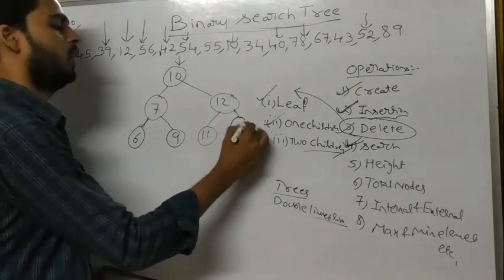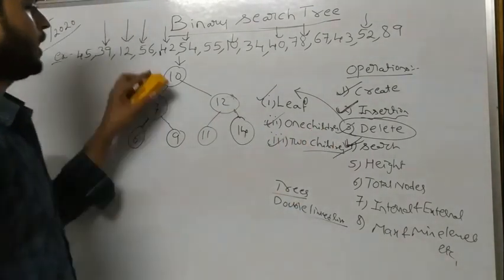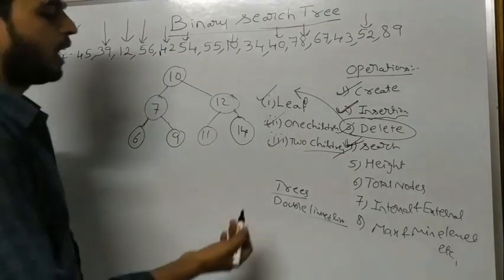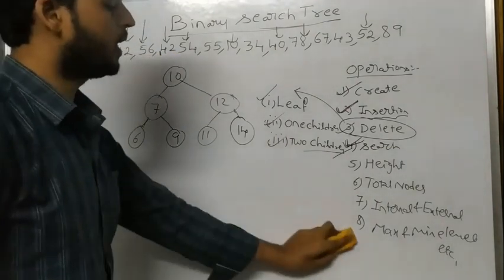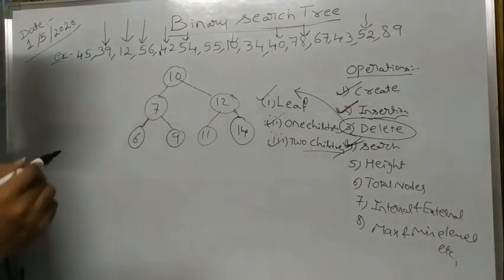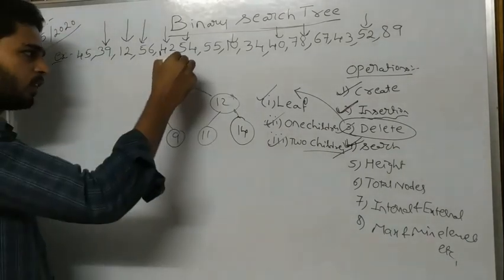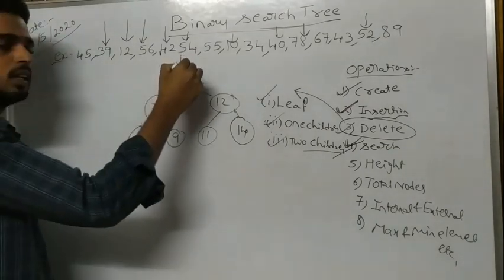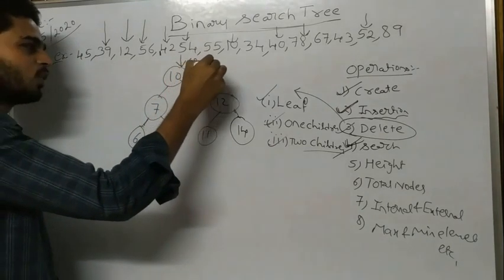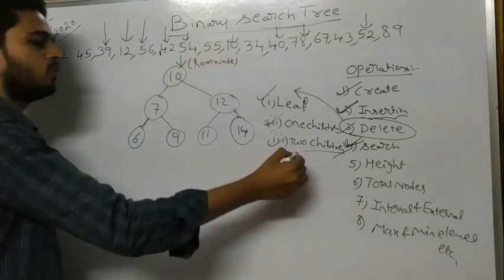For example, I got a requirement to delete a node which has two children. Then what are we going to do? That is my question. For example, I want to delete a node which has two children, and I am thinking of it as a root node.